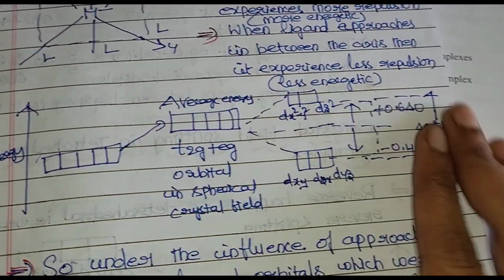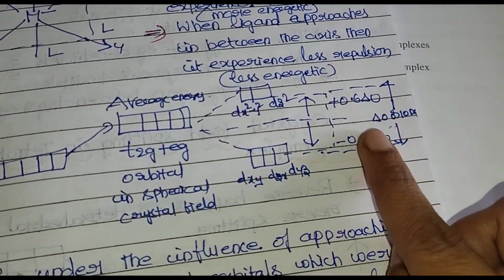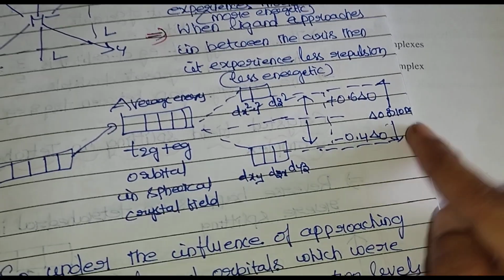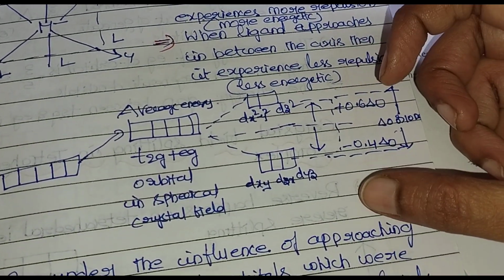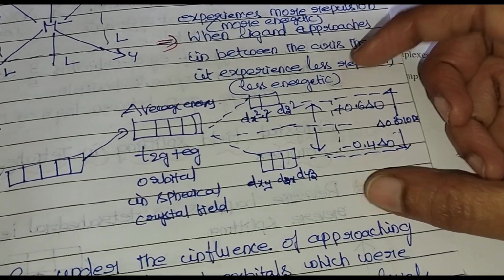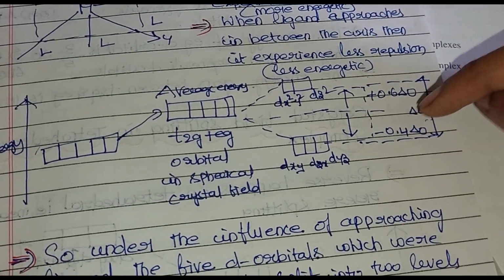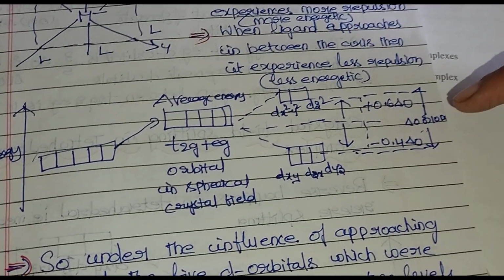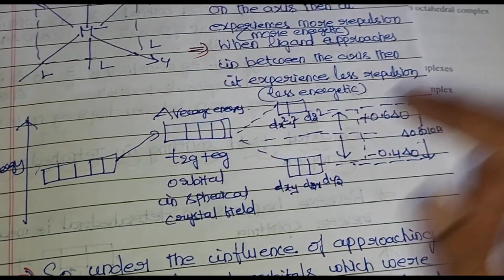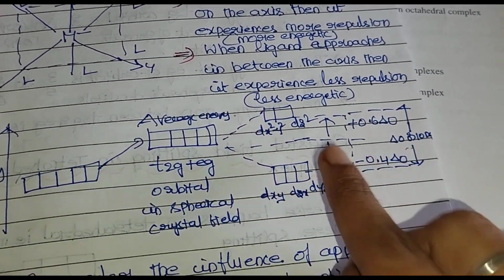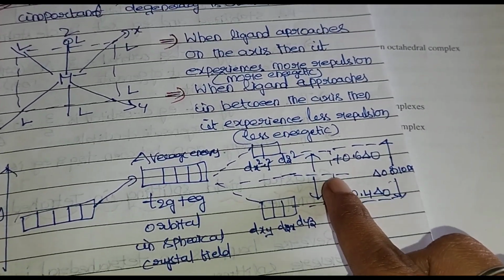And when we see here delta 0 or 10 Dq, its energy goes from lower energy to higher energy. Delta 0 is also called the crystal field splitting energy, and here it is 10 Dq. When there is no splitting, we consider it as 0.